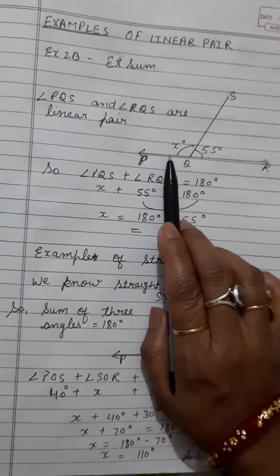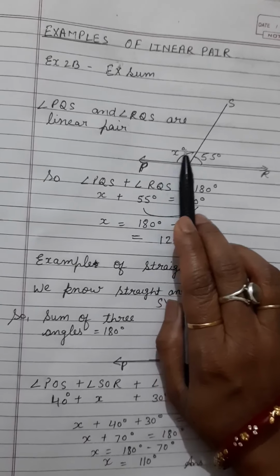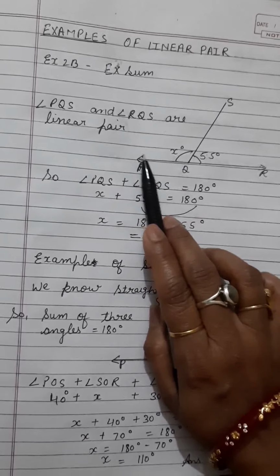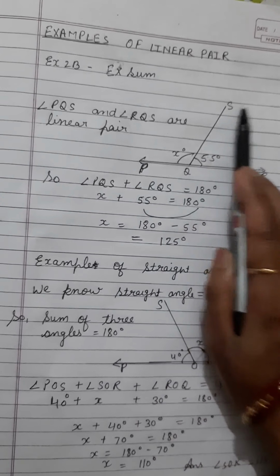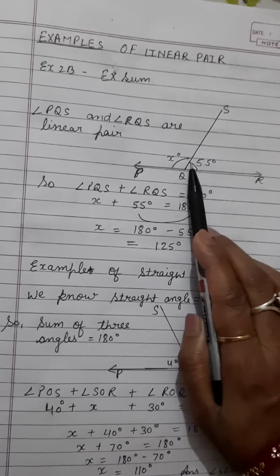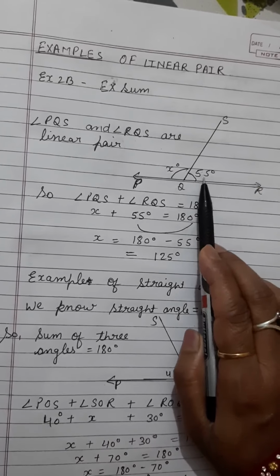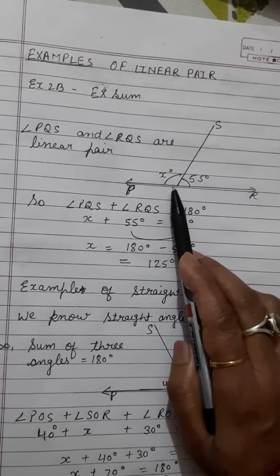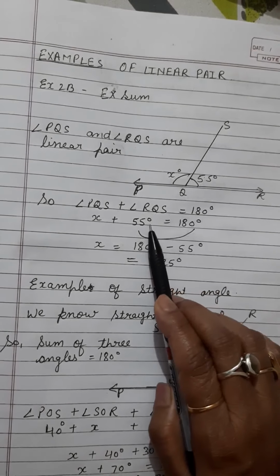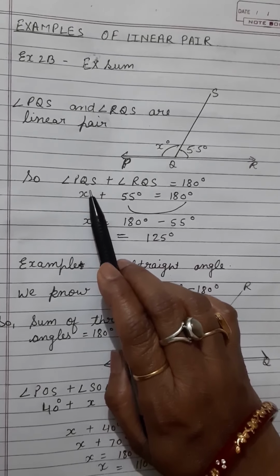You know that linear pairs are supplementary angles, that is 180 degrees. So the sum of these two angles, PQS and RQS, is equal to 180 degrees, and you are observing here angle RQS is 55 degrees, and this is X, and you have to find the value of X.